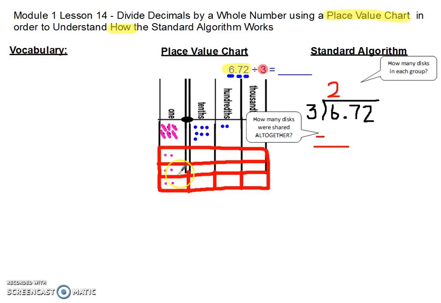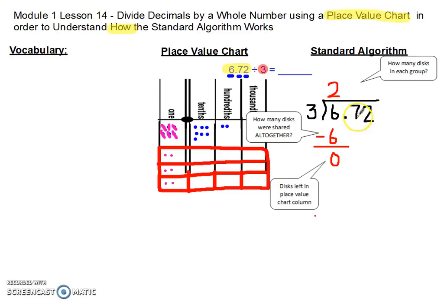In looking at how many were shared all together in each of those groups, it's 1, 2, 3, 4, 5, 6. And so that is how many you're going to subtract. 6 minus 6 is 0. And this number here is how many are left in your place value chart. So I got the 0, and if I look over here in my ones column, I have 0 discs left. So I know I'm on the right track.